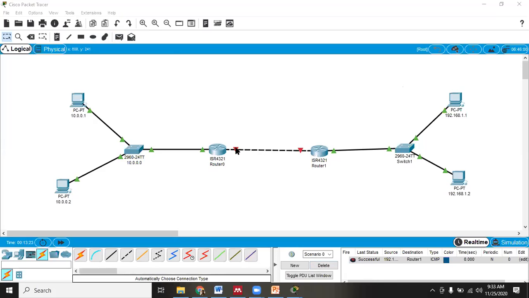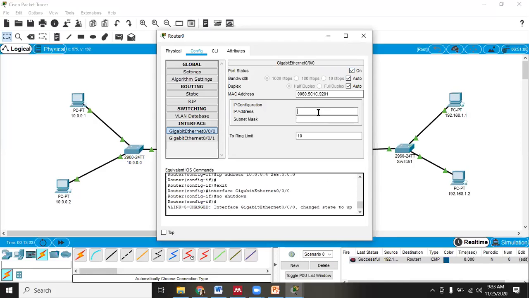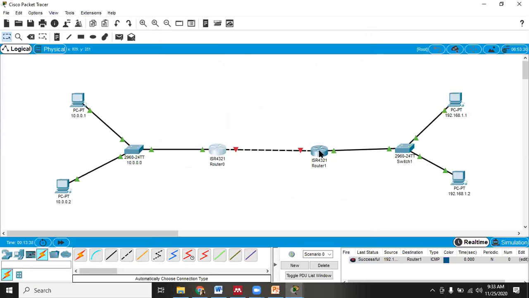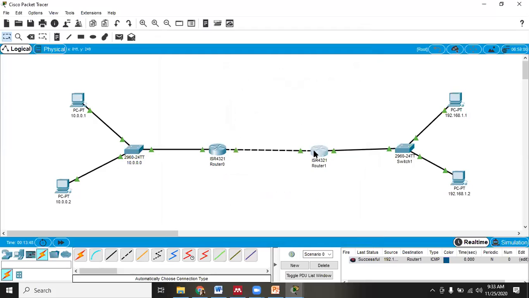It is very simple. Please just be focused. So it is gigabit 0/0/0. For that we have to give an IP address. For this I am taking 13.0.0.1, and for this I am taking, depending upon the network that I have, 13.0.0.1.